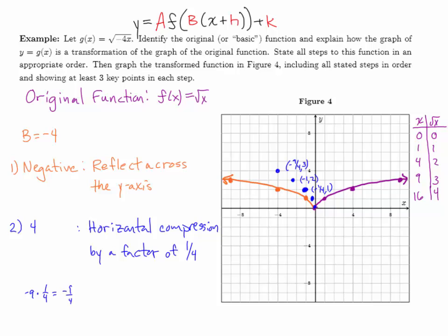So I'll put that in and I'll label it. That's not critical, but it'll help me get a more accurate sketch of this graph. Okay, so I'll connect these. And what I have there then is my graph of y equals the square root of negative 4x.